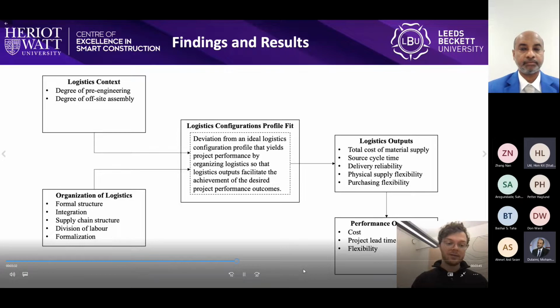Profile fit means if the sample profile, the one that is observed, aligns or adheres to the ideal profile, then it's considered to have a high level of fit, which then is related to a certain level of performance in logistics outputs. And this in turn contributes to the bottom line performance of a contractor's construction projects.